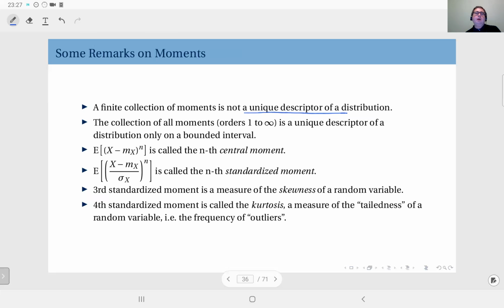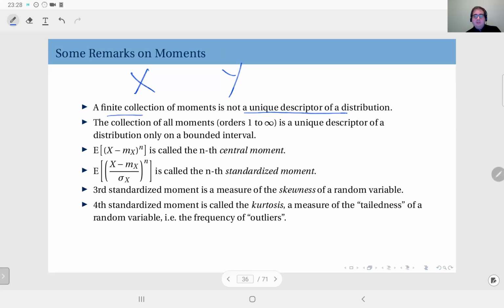Or alternatively, let's say you have the first 10 moments of a distribution, for some random variable x: the first moment, second moment, third moment, up to the 10th moment. And let's say you have a second random variable y, and you also have its first 10 moments. And let's say these two sets are exactly equal. This does not mean x and y have the same distribution. Be careful about that.